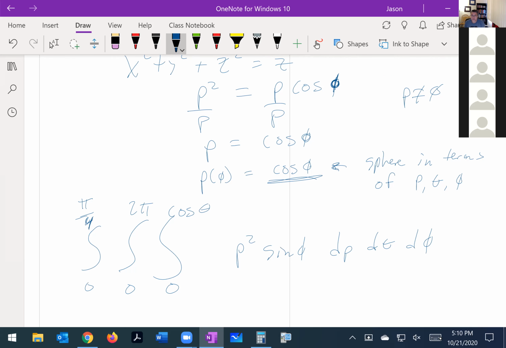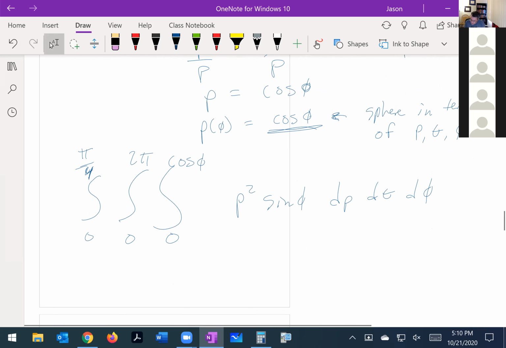Sorry, this is phi, not theta. Okay, so now let's integrate with respect to rho first. So it's going to be rho cubed over 3 sine phi, and we're going to go from 0 to cosine of phi.